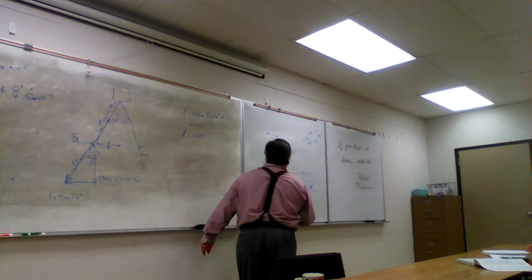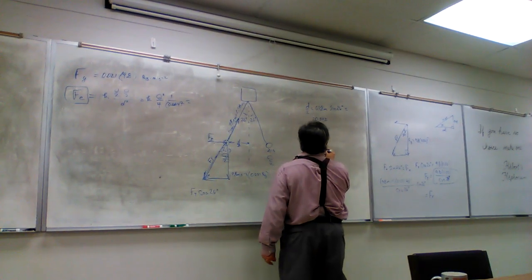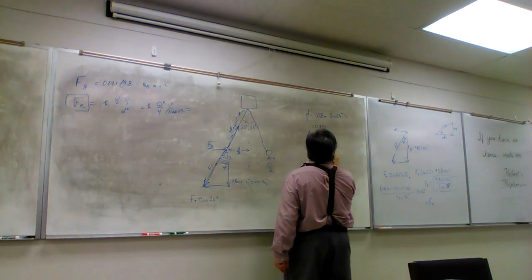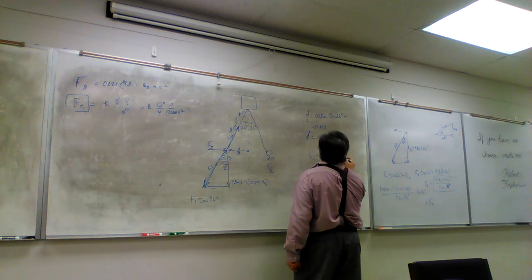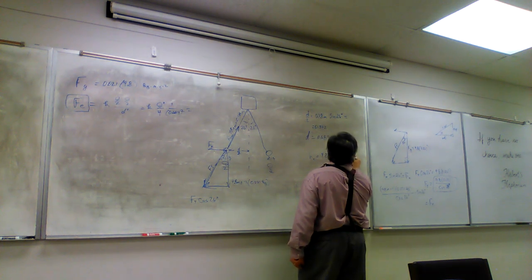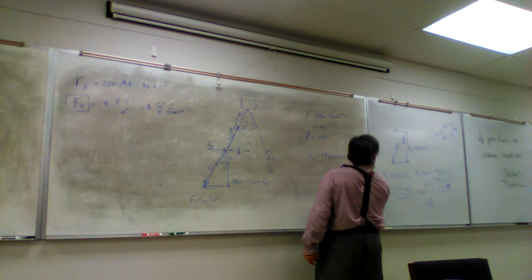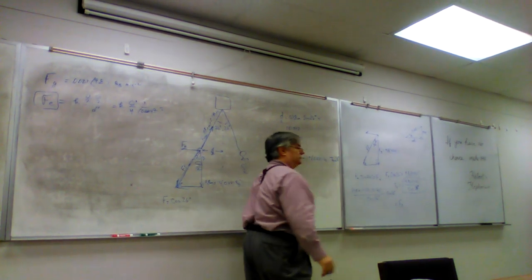So what we finally come down to is the electric force, the horizontal component here, is equal to 9.8 meters per second squared times 0.021 kilograms times the tangent of 26 degrees.